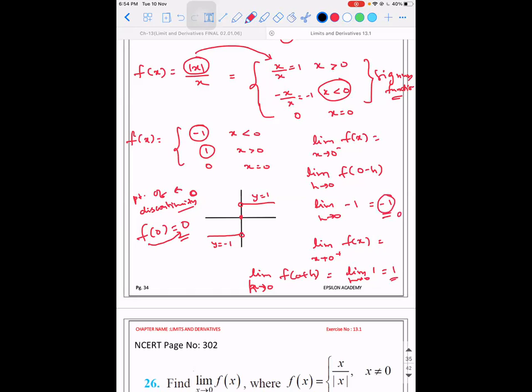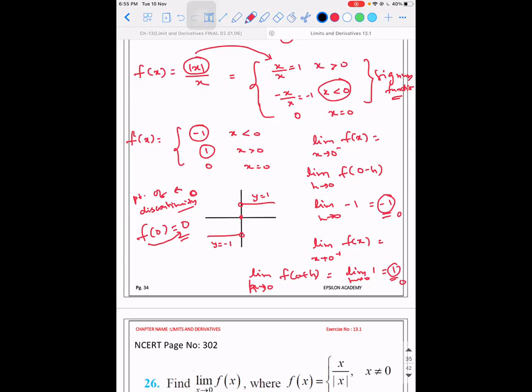Had this value come out as 0, and this value also 0, and the function value 0, then we can say the limit exists. Else it does not. So it has nothing to do with whether you're getting a finite or infinite output. The value should be the same.